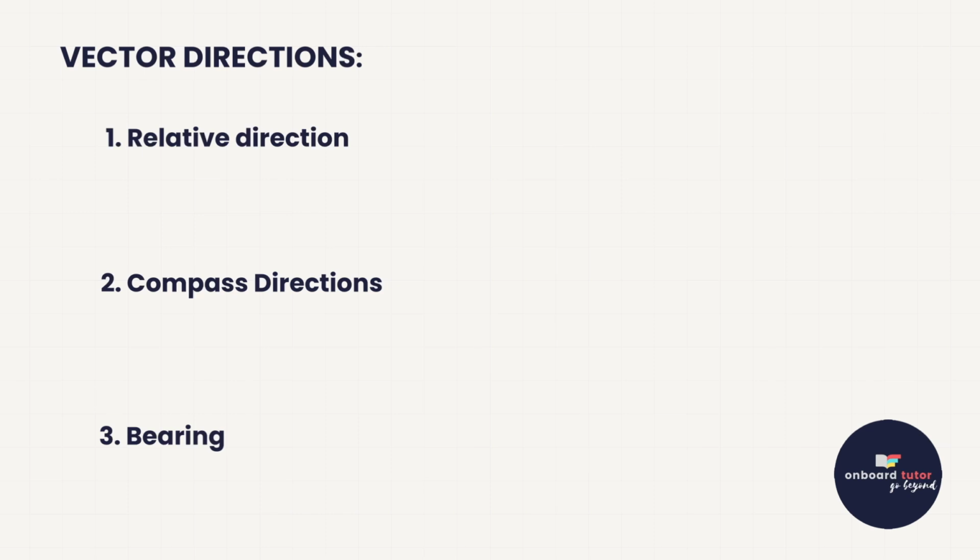And so there are three different methods here on the screen that we could use to represent the direction of a vector. The first way is what we call relative direction. So that means left or right, up or down, forward or backward. So for example, the gravitational acceleration.